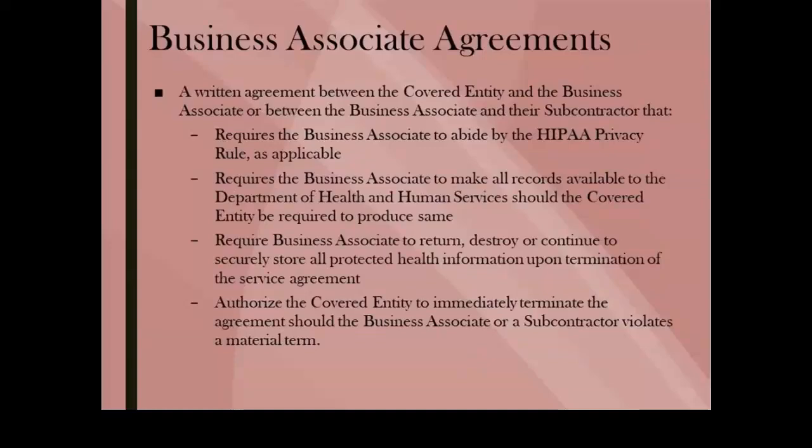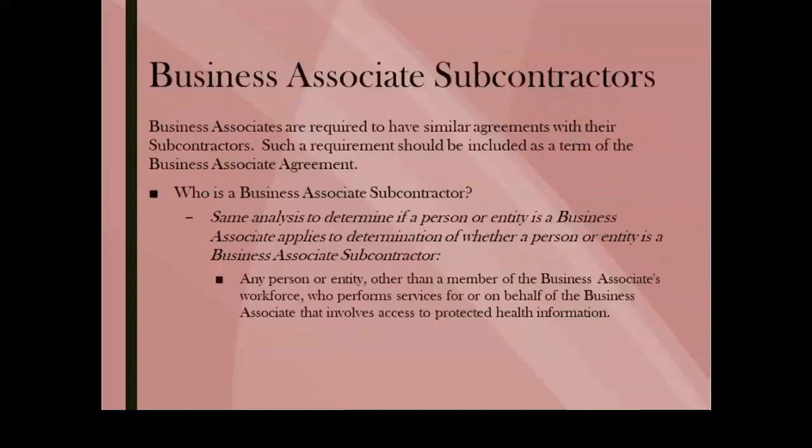And you can see here really all of the same things apply, because as you can see here, I basically said the written agreement between the covered entity and the business associate, or between the business associate and their subcontractor, has to require all of these things. Okay, the business associate abides by the privacy rule, makes records available, returns or destroys data, and the covered entity is authorized to immediately terminate any agreements if the business associate or a subcontractor violates any terms.